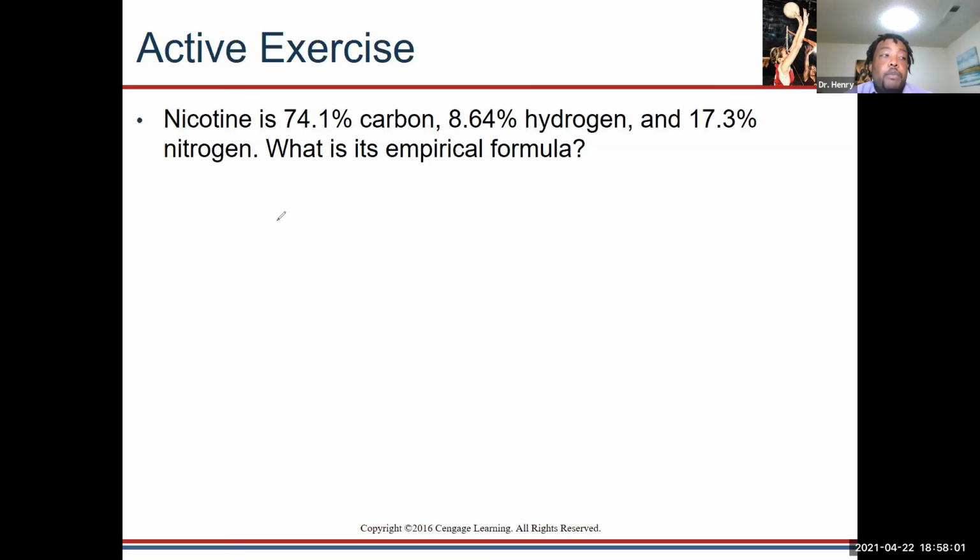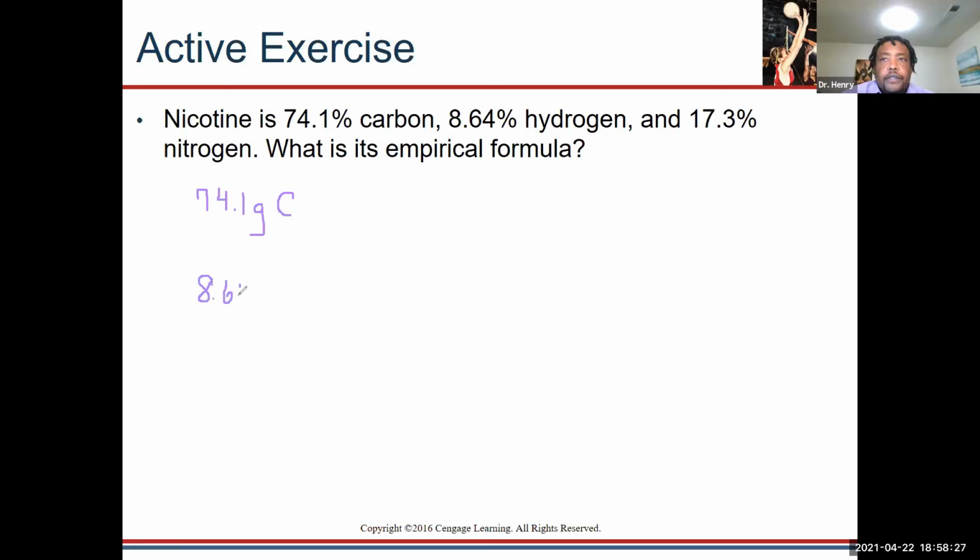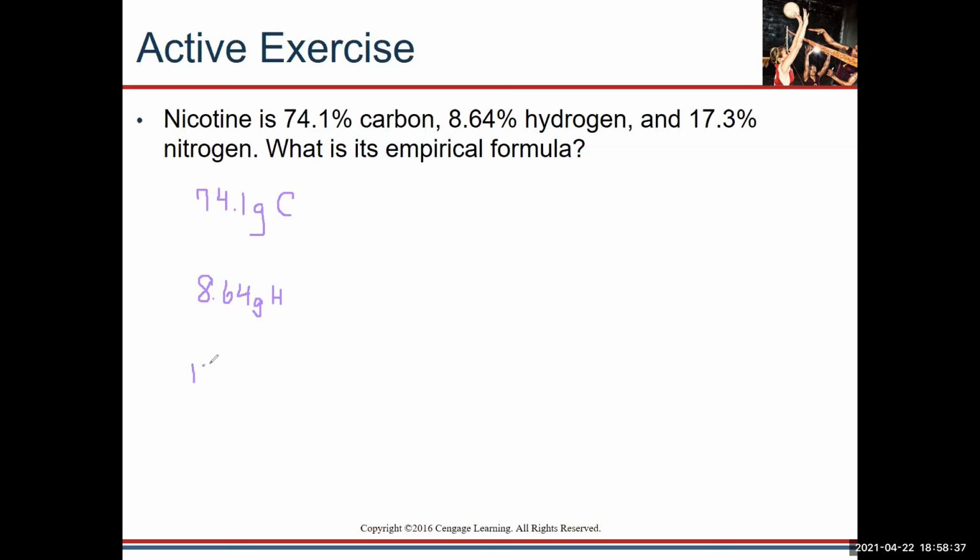So this is the point where you can make the assumption. If we assume that we have 100 grams of nicotine, how much of it will be carbon? 74.1. So 74.1 grams would be carbon, right? How much would be hydrogen? 8.64. And then how much would be nitrogen? 17.3.